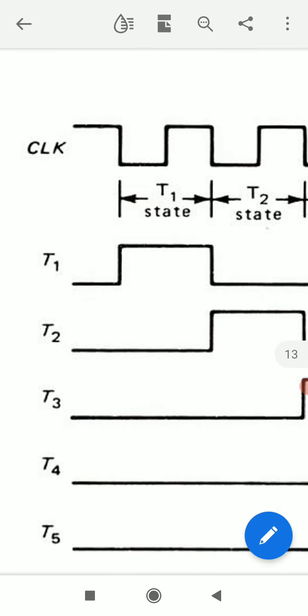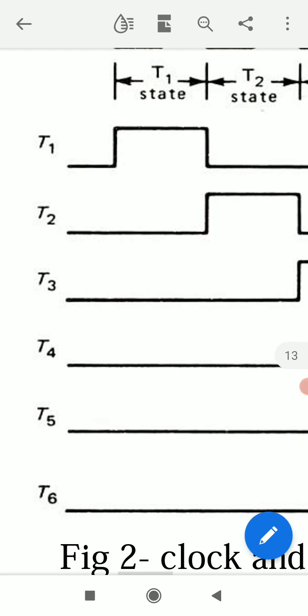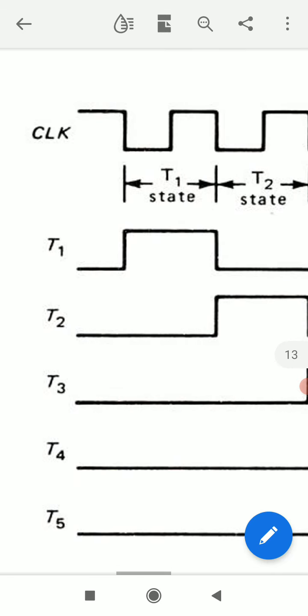This is the T1 state in which T1 is high and the positive clock edge appears in the middle of this T1 state. And similarly for T2, T3, T4, T5, T6, all other T states. The positive clock edge appears in the middle of each of these 6 T states.